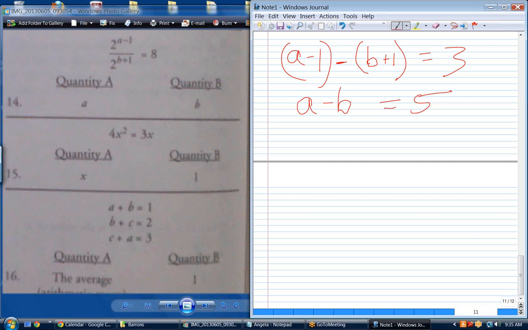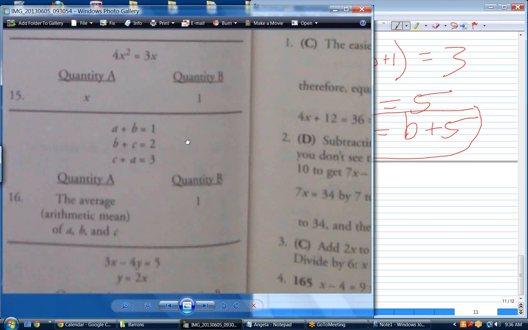If A minus B equals 5, then A equals B plus 5, which means it's going to make A bigger. Even if A or B are negative, if A equals B plus 5, then A has to be bigger.